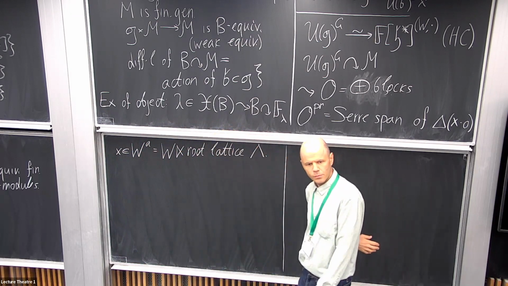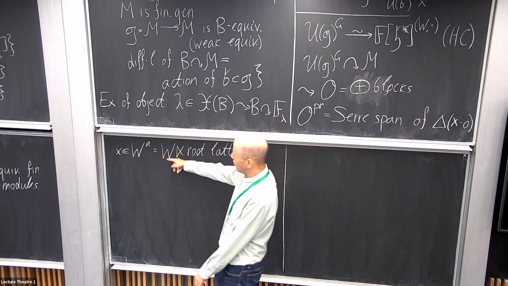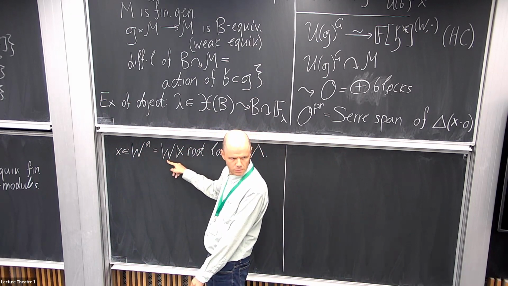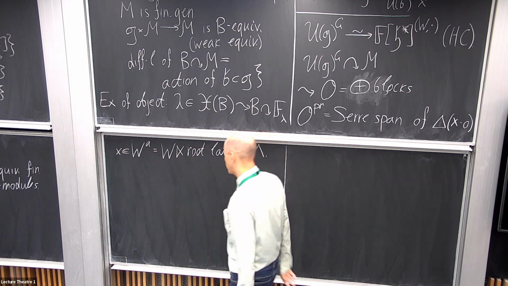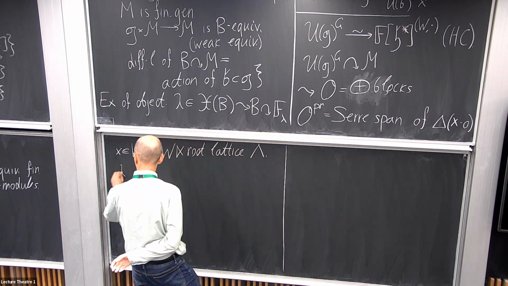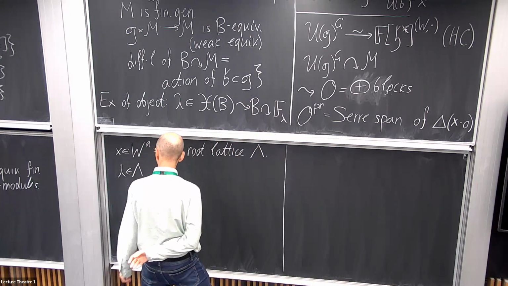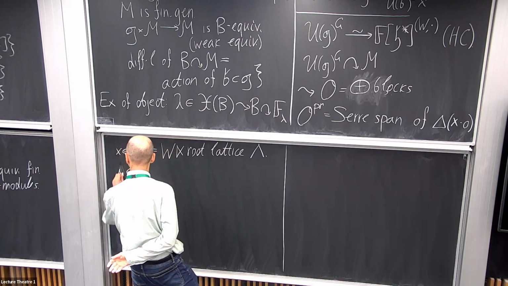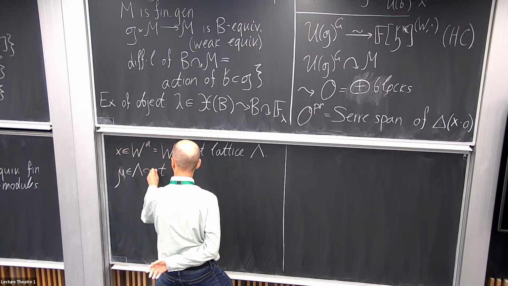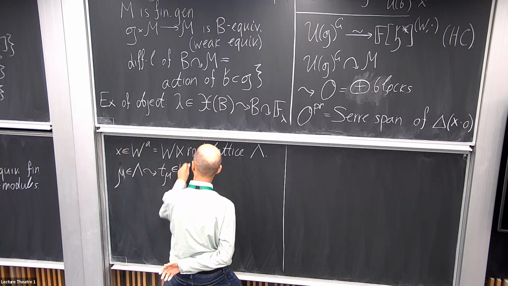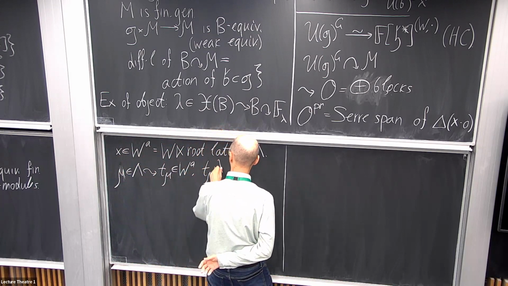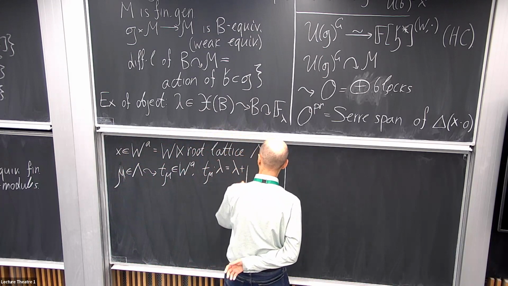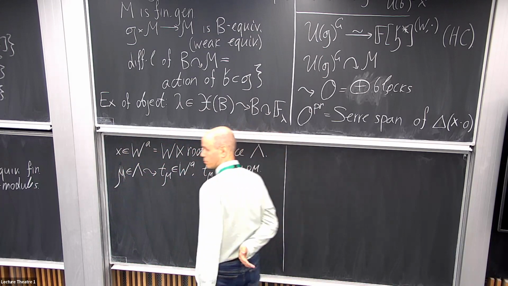And so W still acts by the dot action, and the root lattice acts by the p-rescaled action. So if I take mu in Lambda, it gives me an element in the affine Weyl group, and T sub mu applied to lambda is lambda plus p mu.